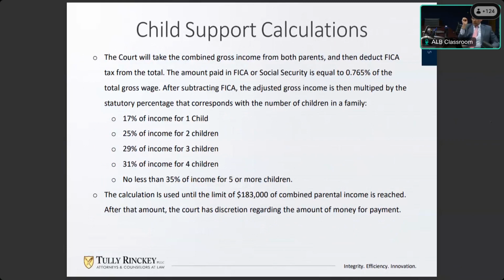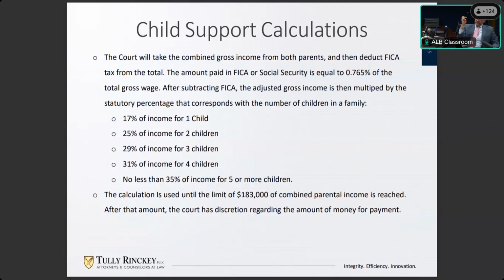And if the court in this type of situation is going to deviate and go above, they have to set forth specifically why they did it based upon these statutory factors. And number 9 is a catch-all for these types of factors.